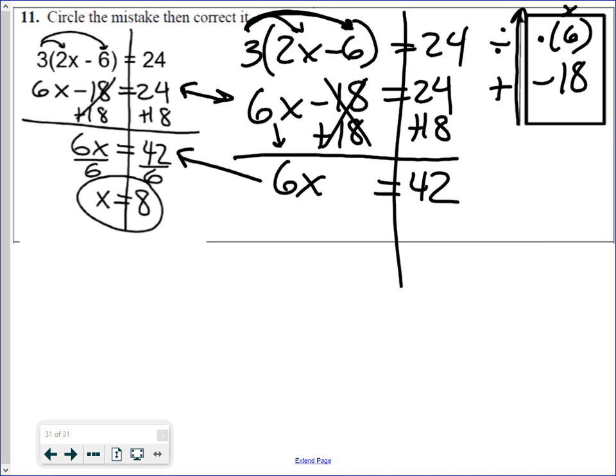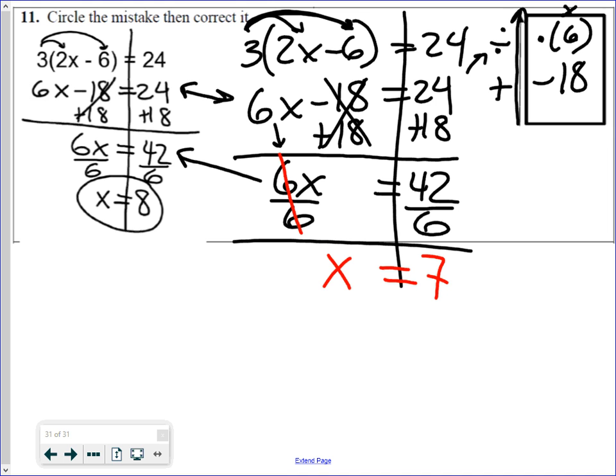So then divide by 6 is what my next thing says in my box, right? So let's divide by 6, and let's solve it. 6x divided by 6 becomes a 1x. It divides to 1. Okay, and that is equal to 42 divided by 6, which is 7.